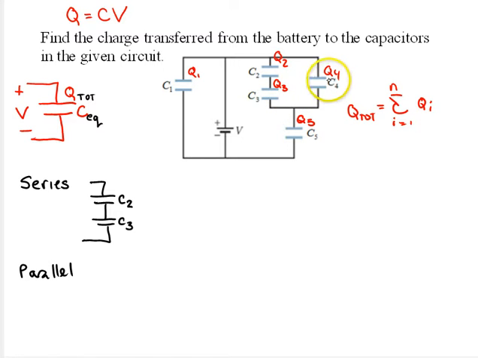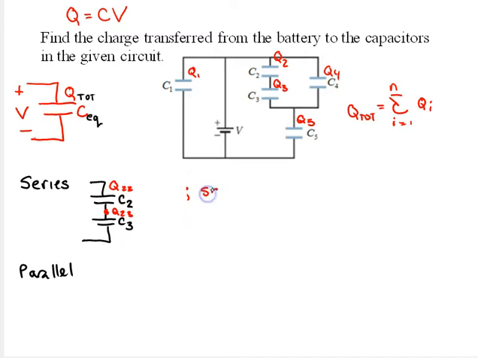We see that C4 is in parallel with a series combination of C2 and C3. When capacitors are in series, they're only connected by one of the 2 terminals, and when they are in series, they have the same charge on the plates.